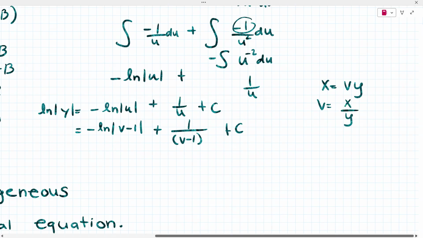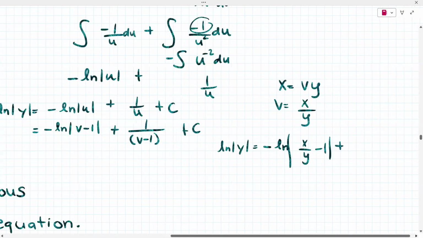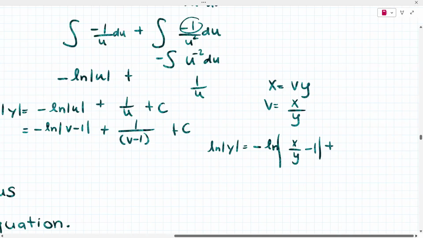So it's going to be ln of absolute value y equals negative ln of v, which is x over y minus 1, plus 1 over x over y minus 1 plus c.